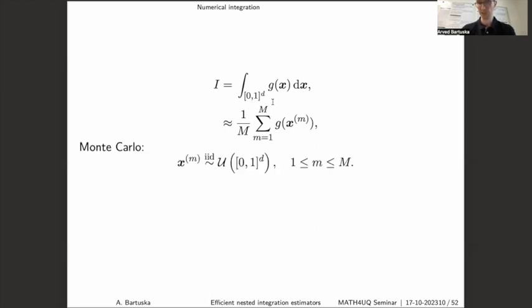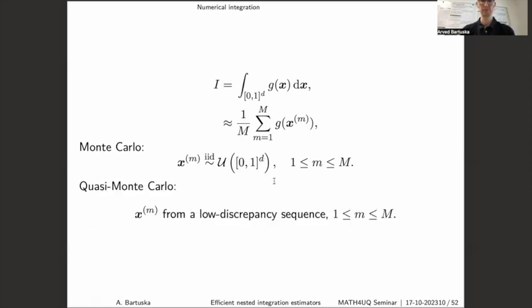Okay, the Monte Carlo estimator uses IID points, independent and identically distributed points from the uniform distribution in d dimensions. Or we can use quasi-Monte Carlo, where now the points come from a deterministic low discrepancy sequence. There are other methods, of course, as well, deterministic quadrature, and so on.